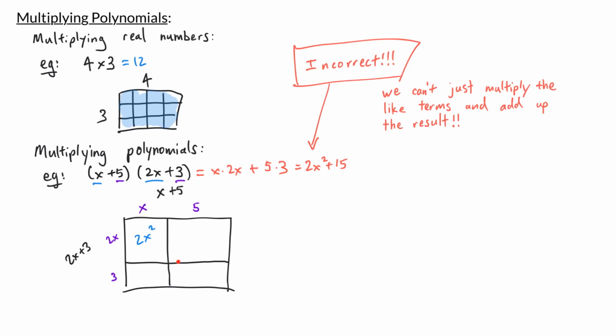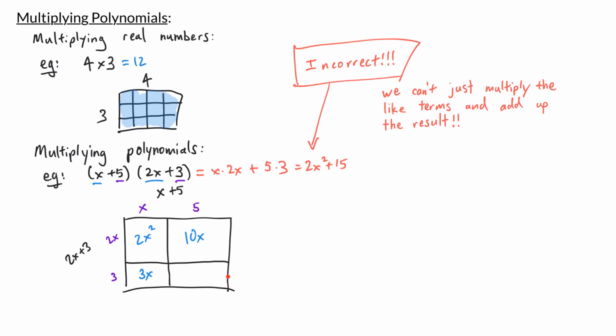For the top right rectangle, we have width 5 and length 2x. So the area there would be 5 times 2x, or 10x. In the bottom left rectangle here, we have width x and length 3. So the area of that rectangle would be x times 3, or 3x.